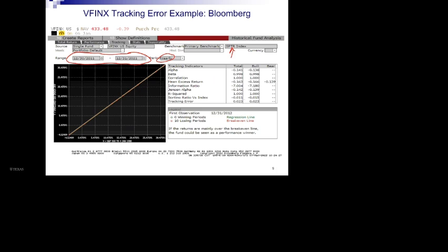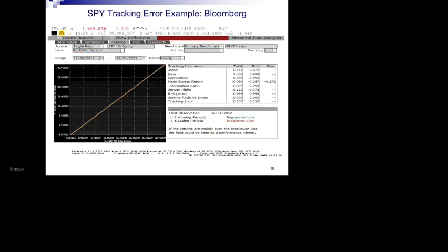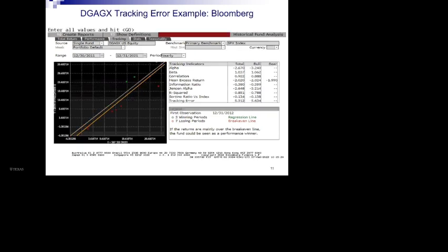And you can see that 2 basis points for the Vanguard is reported as a tracking error, with rounding, 11 basis points for the S&P 500 Spider, or the ETF. And then for the actively managed BNY Mellon Appreciation Fund, the 5.31% tracking error is indicated as well.